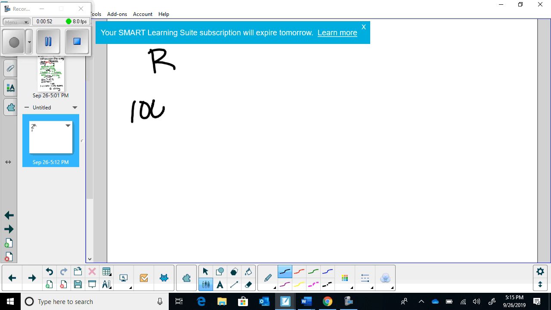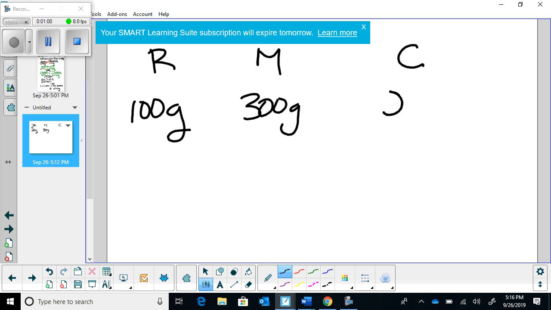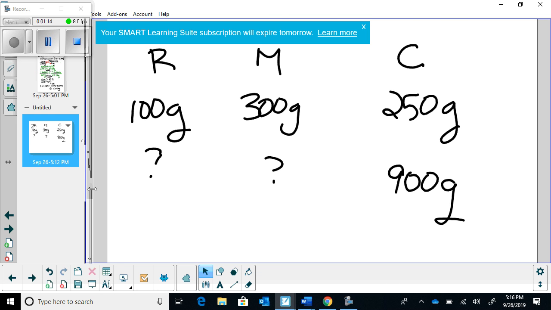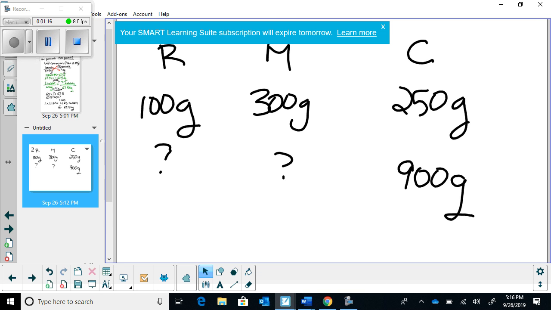We have 100 grams. Mozzarella, we have 300 grams. And cottage cheese, we have 250 grams. So now they're asking us, well, if I have 900 grams of cottage cheese, how much mozzarella cheese and how much Romano cheese, which is really similar to the recipe activities that we did in class earlier in this section.